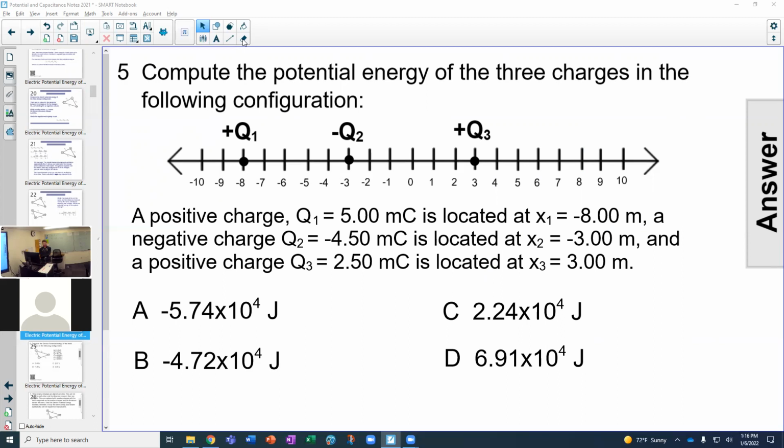Close enough. 4.9 something. Did you guys use your form? No, it's too many numbers to type.